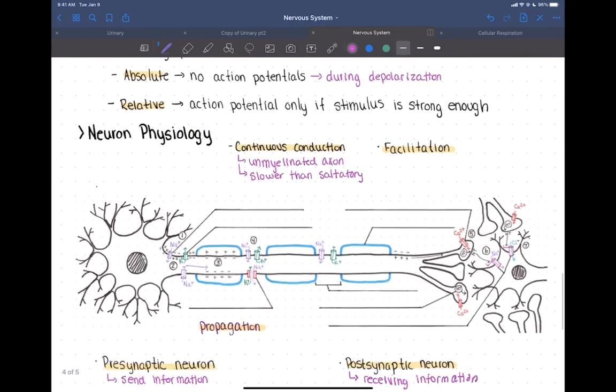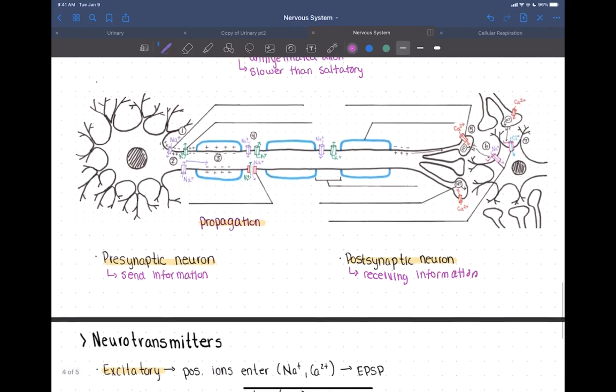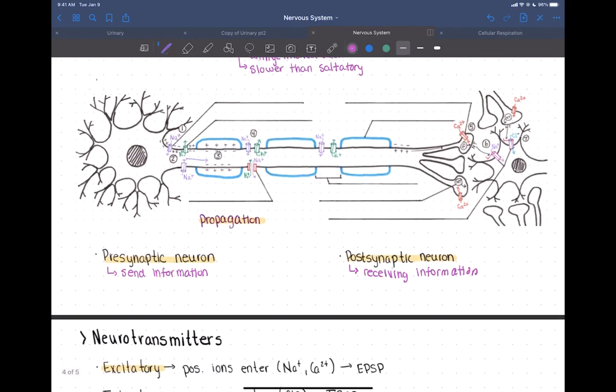When we're looking at this cell, there would be EPSPs coming into the cell body of this cell. We'll just put little EPSPs here.